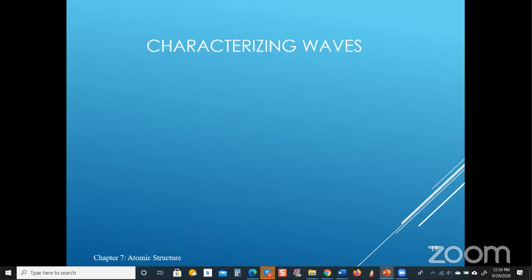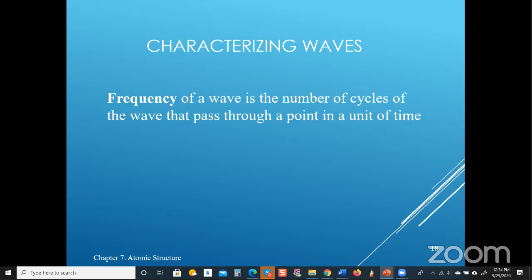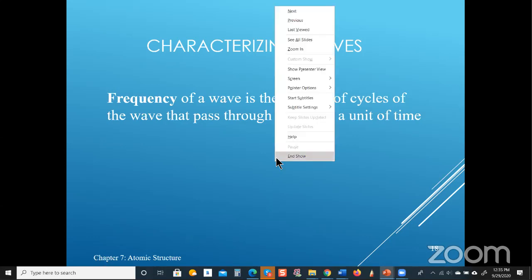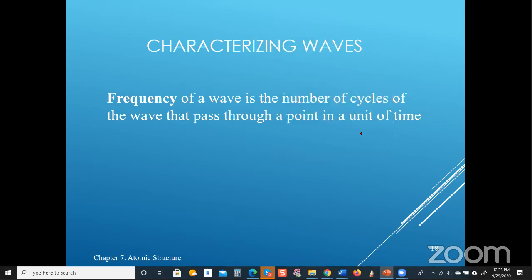And then another feature of a wave is what is known as frequency, which by definition is the number of cycles of that wave that pass through a point in a unit time. In this particular case, the unit time is in seconds. The unit of frequency would be seconds to the -1.